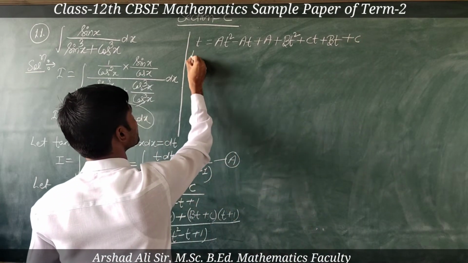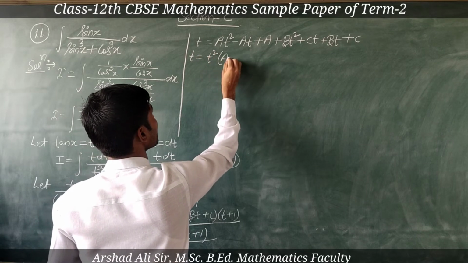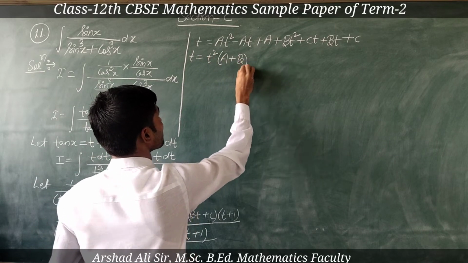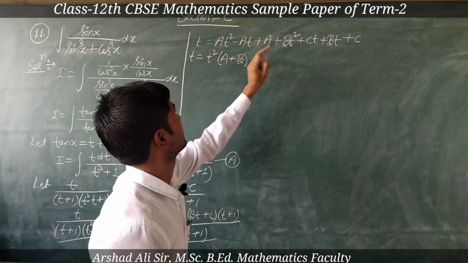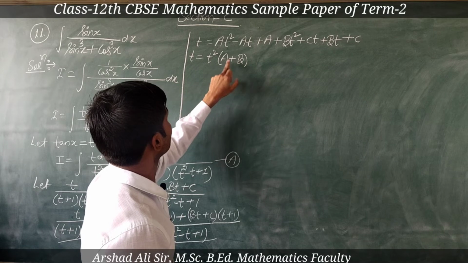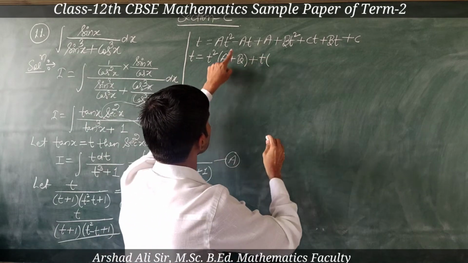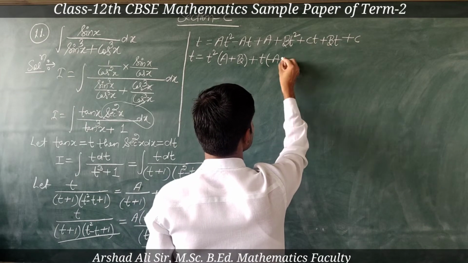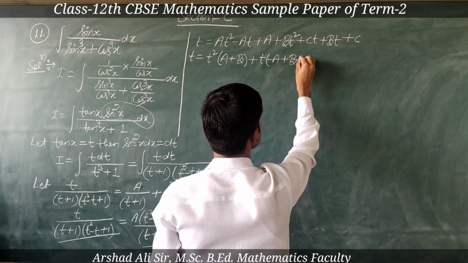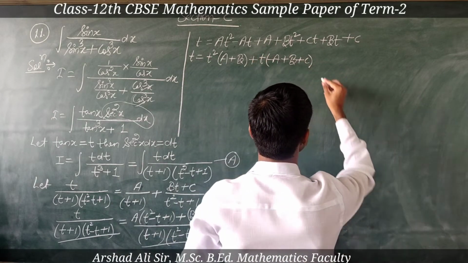Now t is equal to t square into (a plus b), because t square is the coefficient of a as well as b. So we can take (a plus b) into t square plus t into (minus a plus b plus c). Okay, and what is the constant term? A plus c.